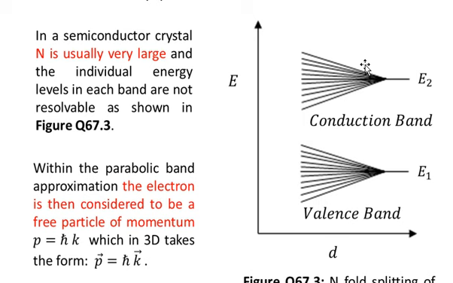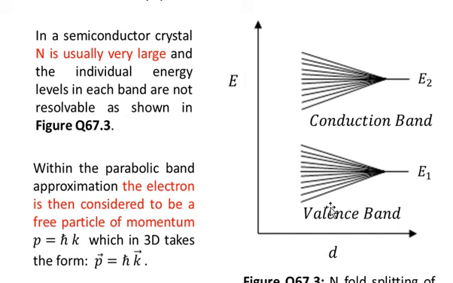The spacing between these levels will increase with a smaller value of D. So a conduction band is formed for the excited states of the sodium atoms when they are very close to each other and interacting with each other. Similarly, when all the sodium atoms are in the ground state, we have the valence band.